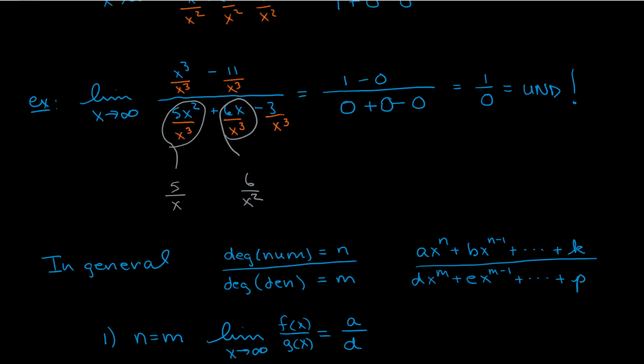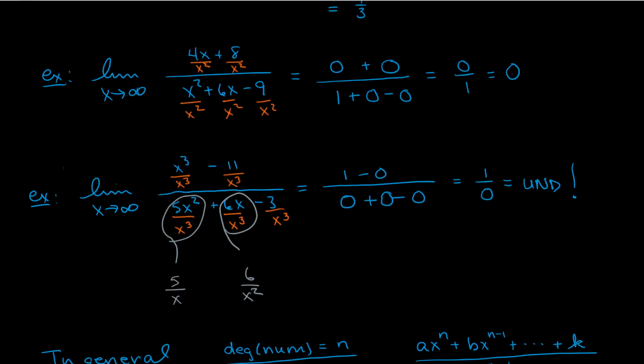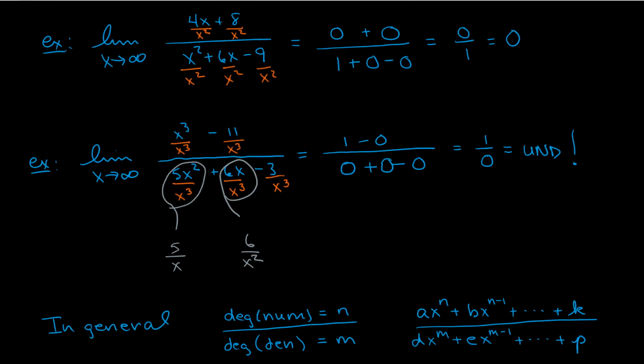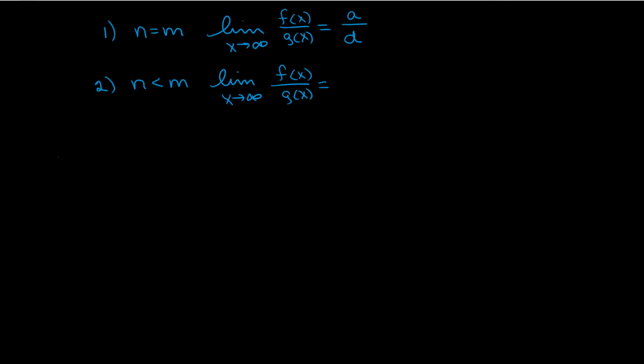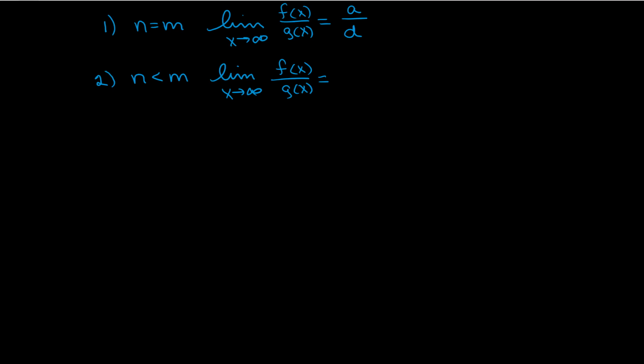We've already looked at a case like that. That's the one that's at the top of the screen now. We had the 4x plus 8 divided by x squared. And remember, we wound up with 0 in the numerator and some number in the denominator. It can be 1, it can be something else. But when you have 0 over some number, you get 0.